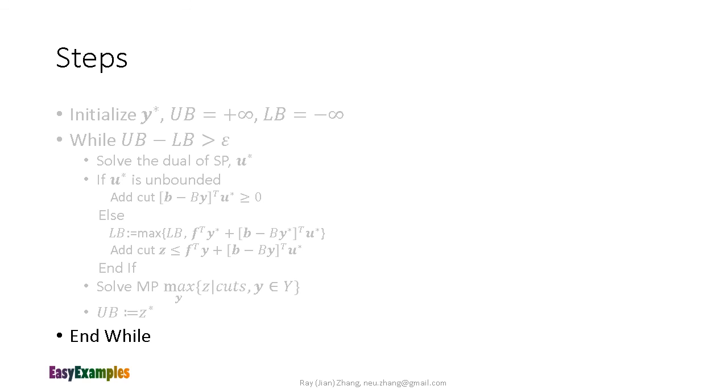At the end of the algorithm, the solution of y star is our final solution. In our example, it means in the optimal finance plan, we should put $400 to the saving account and use the rest money to buy the mutual fund.